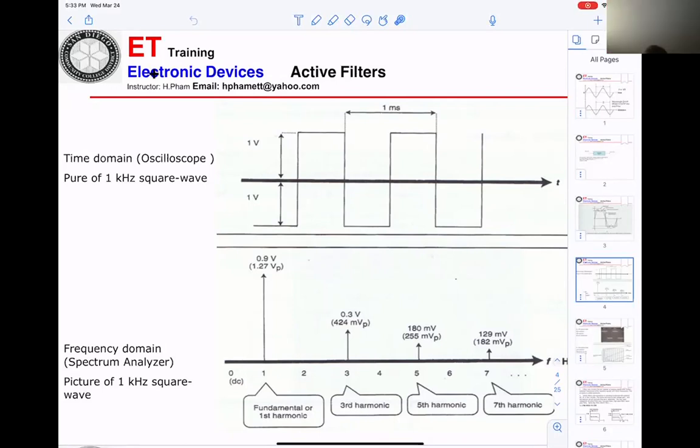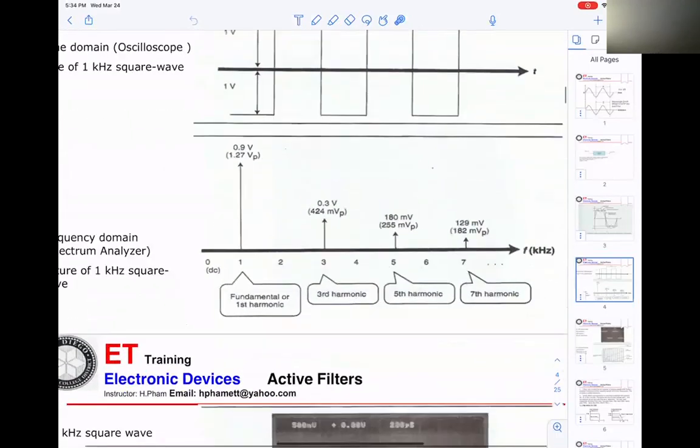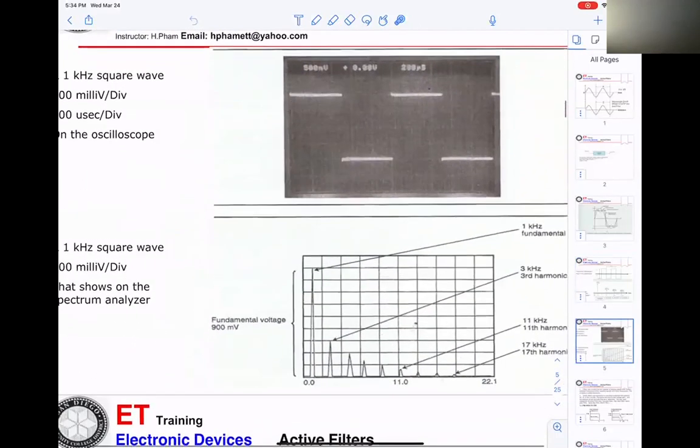Correct. So on the spectrum analyzer they display 1.27 V peak. If you get a V peak, you can calculate back to the V RMS or V average and see what you get. Yeah, I get you. Thank you.